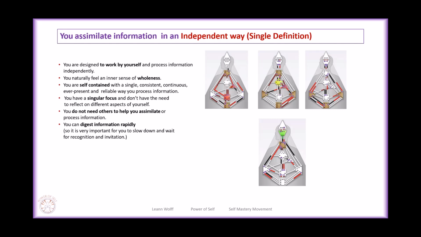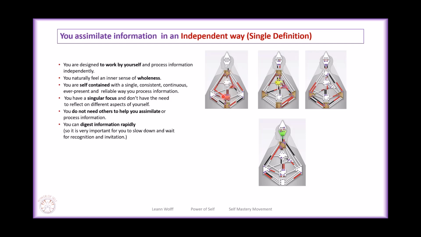Okay, so if your human design chart says single definition, you are here to assimilate information in a very independent way. This is actually my chart here. The definition is all four of the centers that are defined. There's a flow of energy there.